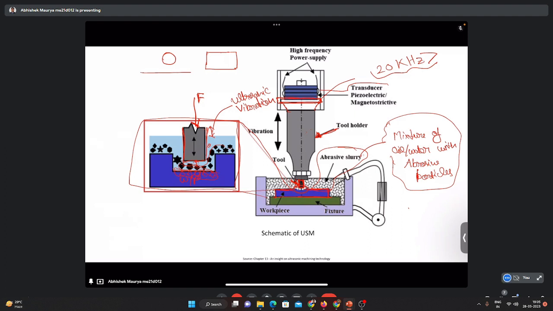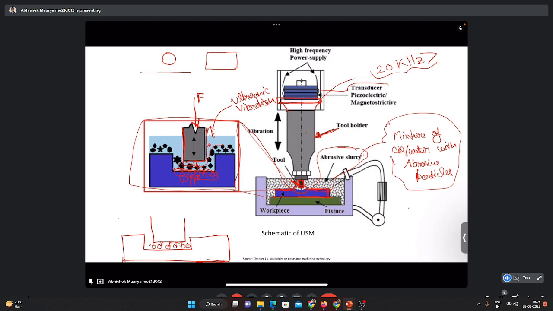Suppose our workpiece material would not be a brittle material, then what would happen? So I will show you. Suppose we have a very ductile workpiece material. So abrasive particles will be here, and the tool will come and it will apply load over the abrasive particles.